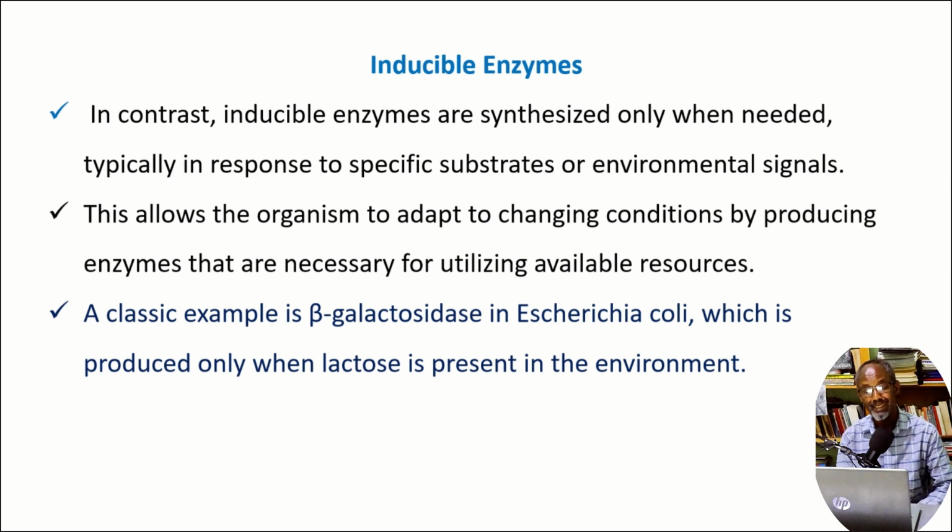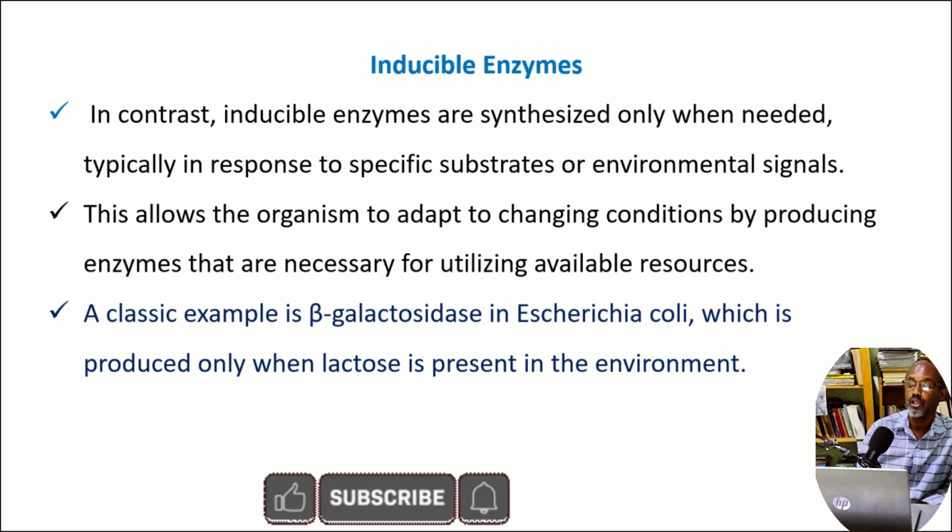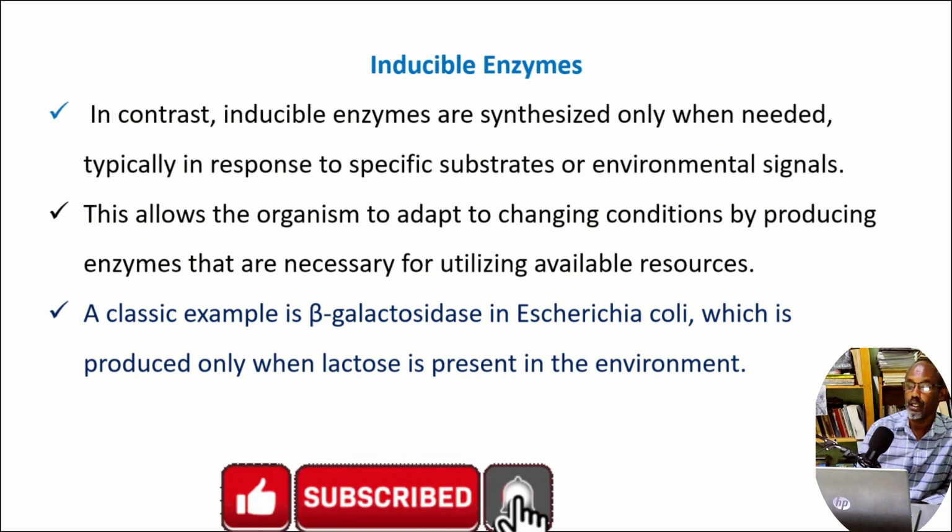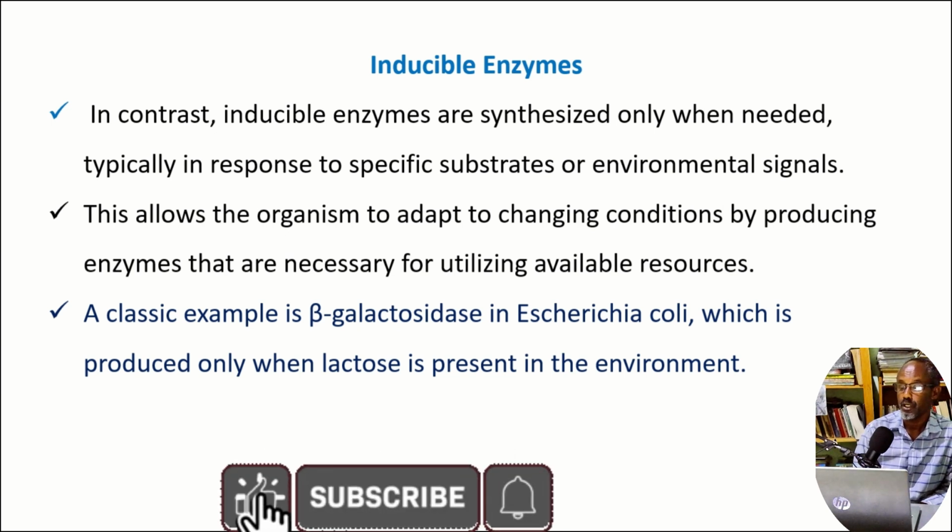A classic example is beta galactosidase, an enzyme in Escherichia coli. The beta galactosidase gene in Escherichia coli is expressed only when lactose is present in the environment.